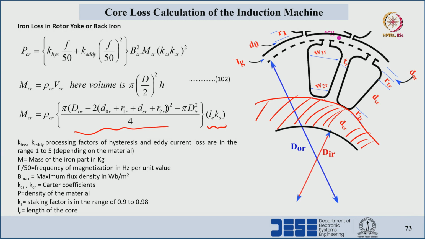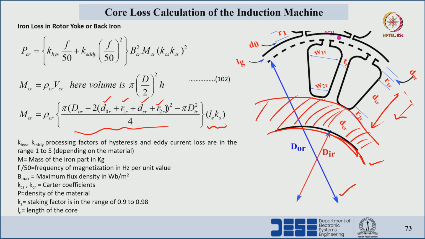In order to find the area, first we select the outer diameter minus the slot actual height. This is the slot actual height, and the outer diameter will be up to this point from the blue color one. Then outer diameter minus 2 into (D0R plus R1R plus DSR plus R2R), the actual height of the slot, square, minus pi D IR, that is the inner diameter of the rotor with respect to this point.